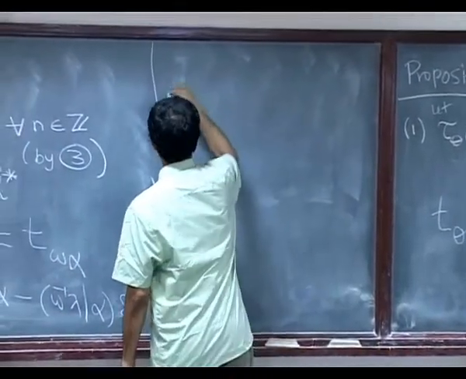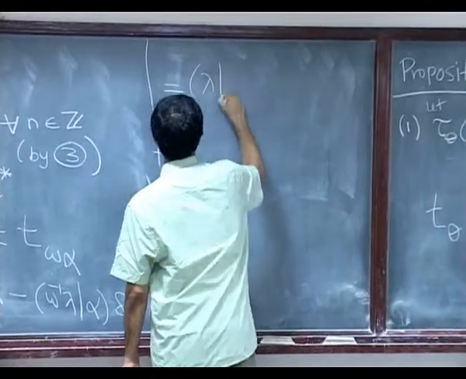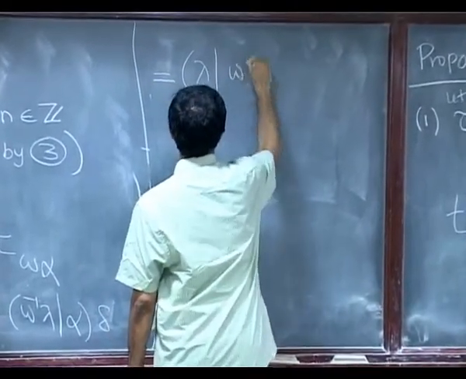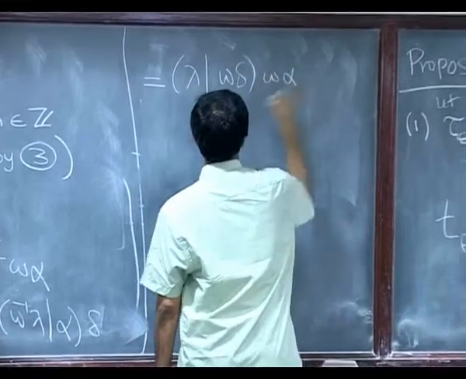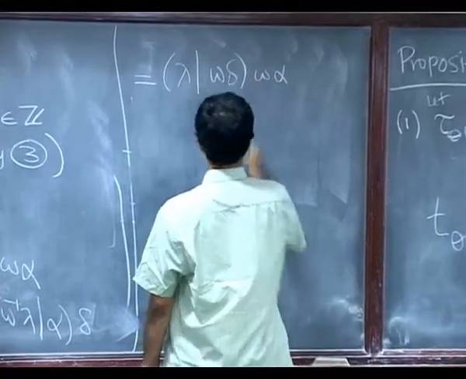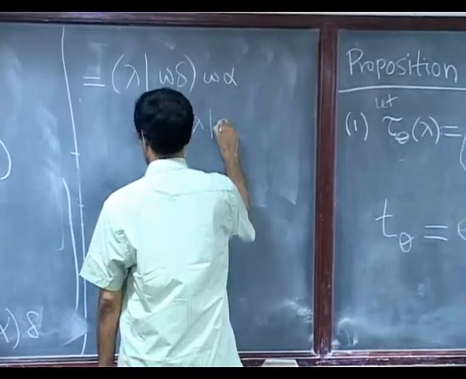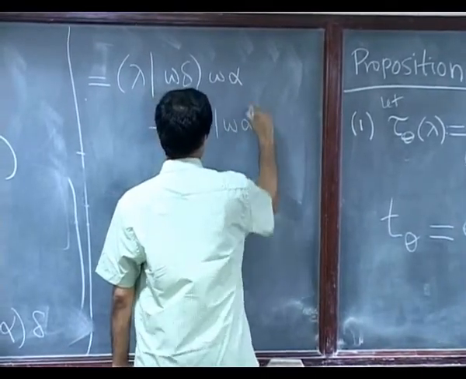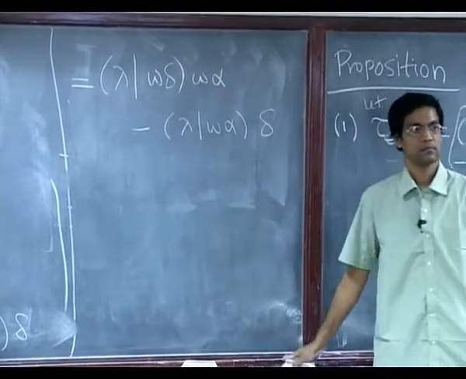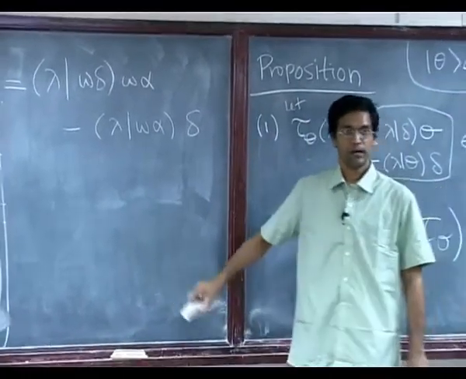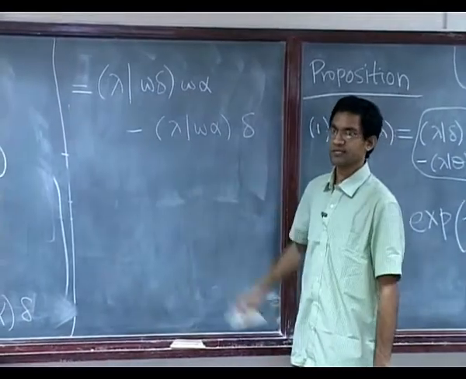Here's what I would get: lambda with W delta, which is the same as delta, times W alpha, minus lambda W alpha times delta.